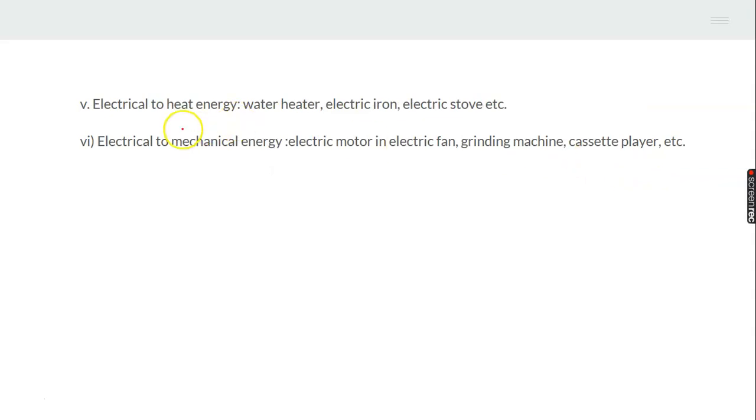And electrical to heat energy, that's what we have in our water heater. Electric energy is being converted to heat energy. Same thing in your electric iron and all that. We have electrical to mechanical too, in electric motor, in electric fan. There's a part of the fan called the electric motor.